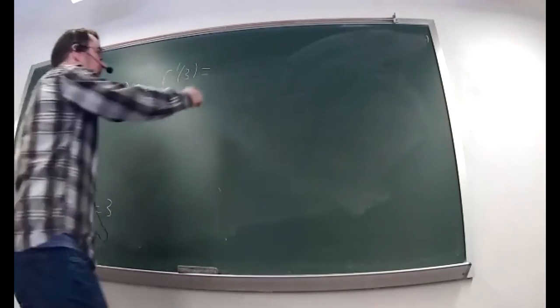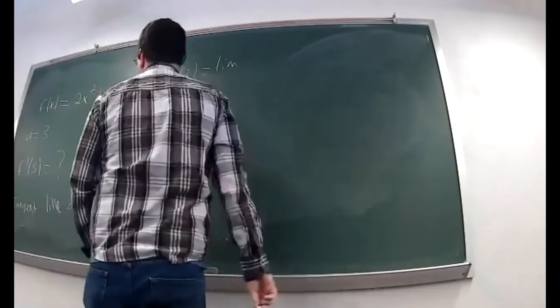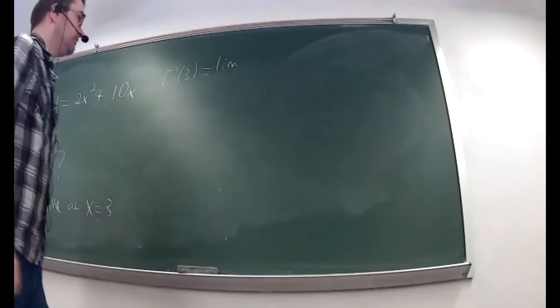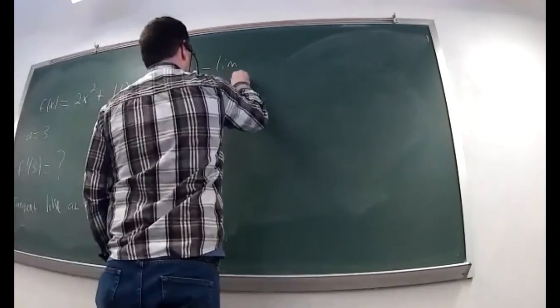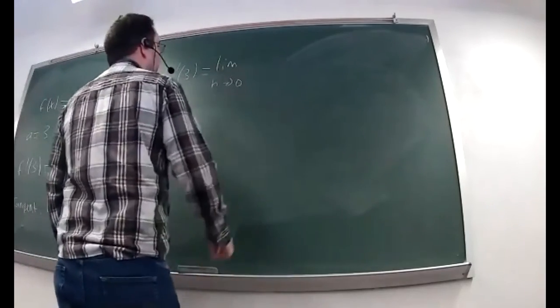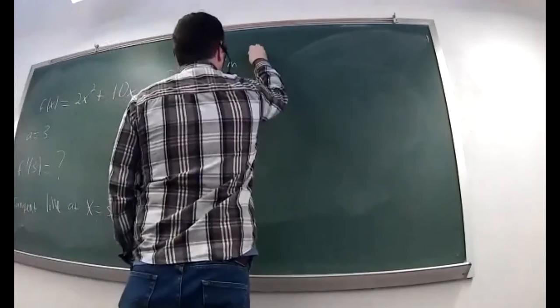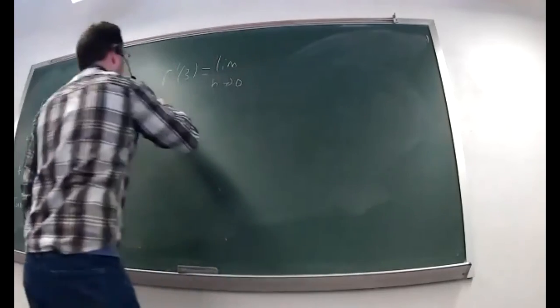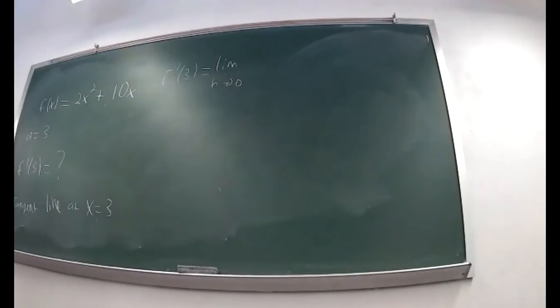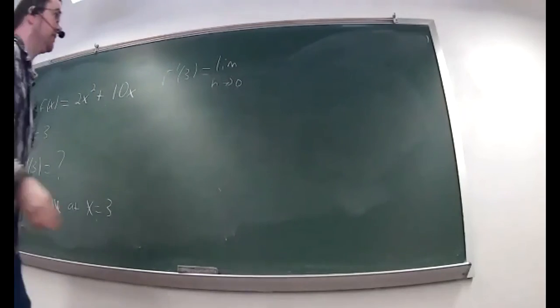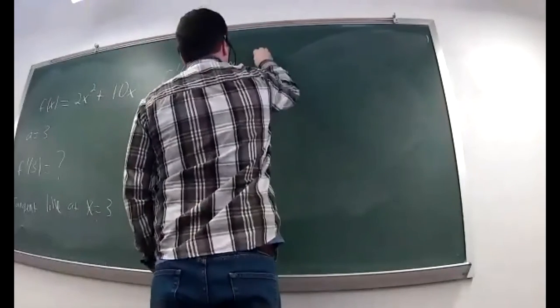So for f prime of 3, I've got to go back to the definition. I can use any definition that I want, but I'm going to use the h goes to 0 definition. So I'm going to write down the limit as h goes to 0 of f of x plus h minus f of x. I'll go ahead and make that substitution.